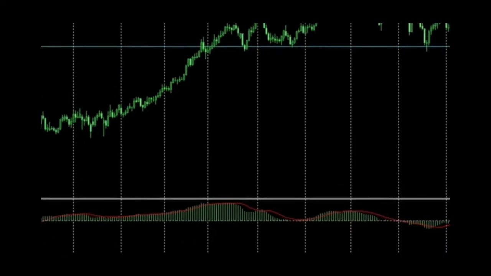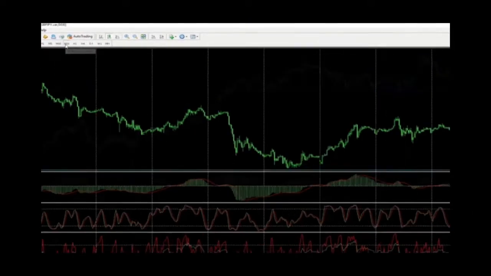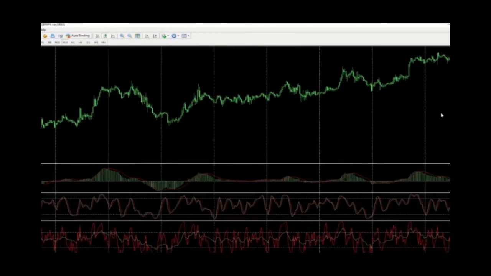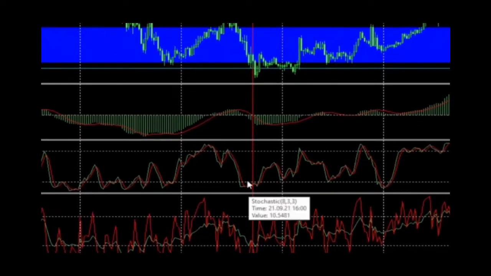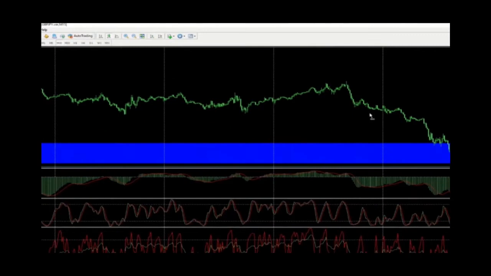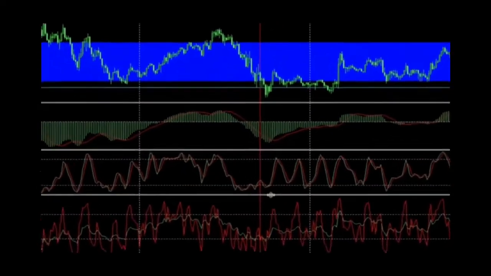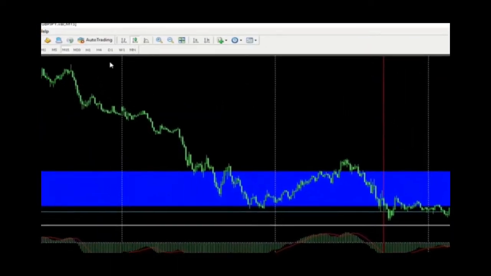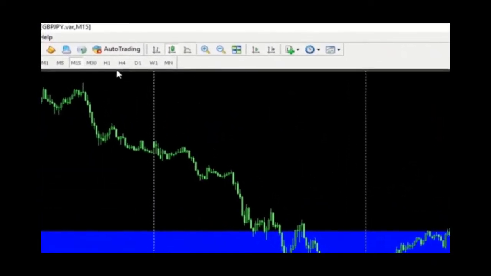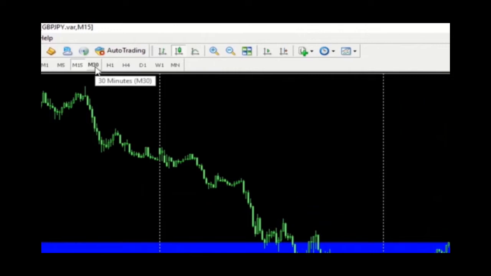Stochastic is under 20. If I go to M30, same thing, okay? And M15, exact same thing. So the stochastic needs to be under 20 on daily, H4, H1, M30, M15, and M5 when you're about to take the trade.